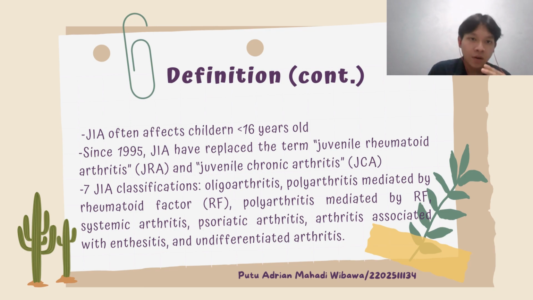So when we refer to chronic arthritis in children, we say JIA, not JRA or JCA. There are 7 JIA classifications according to ILAR. These classifications include oligoarthritis, polyarthritis mediated by rheumatoid factor, polyarthritis not mediated by rheumatoid factor, systemic arthritis, psoriatic arthritis, arthritis associated with enthesitis, and undifferentiated arthritis.